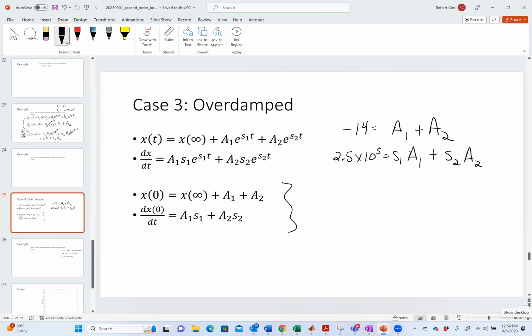I got 2 equations and 2 unknowns. You can solve that however you want. I like to do that with MATLAB. So how would I set that up in MATLAB? I'd make a matrix here. I'd have negative 14 over here, and this would be 2.5 times 10 to the 5th.